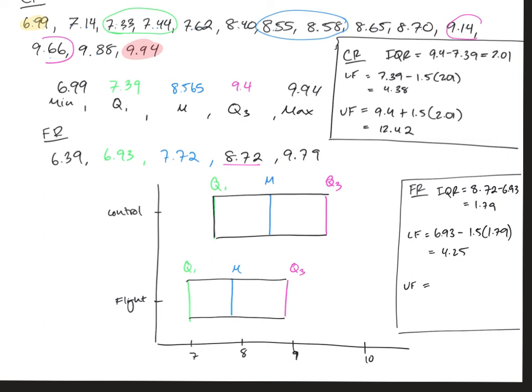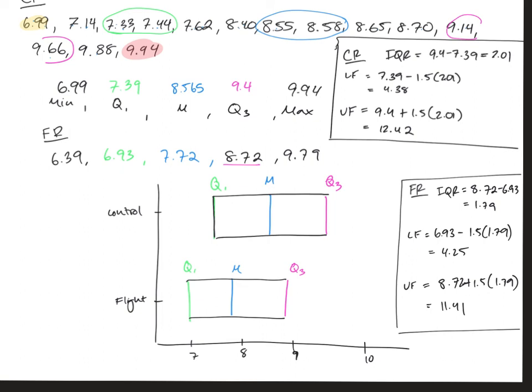And then the upper fence is 8.72 plus 1.5 times the 1.79, which equals 11.41. So also, if you are ever running out of room on an exam or something and things are getting crunched, it is good to box things off to make things a little more separated from other items.